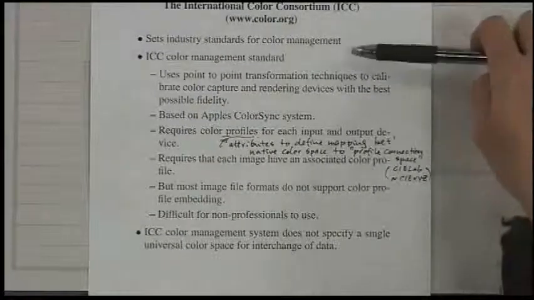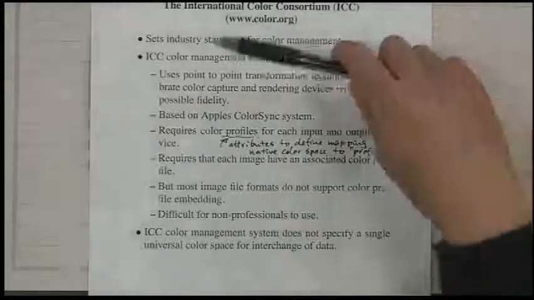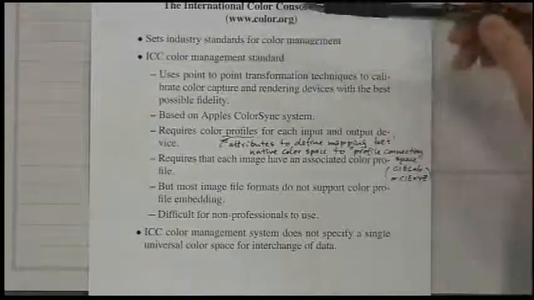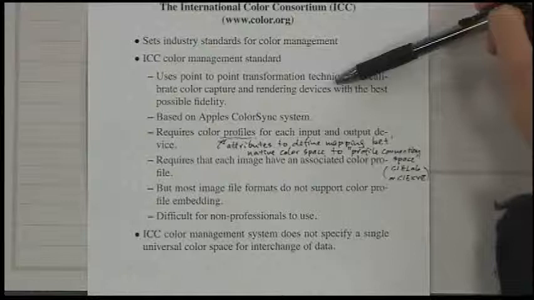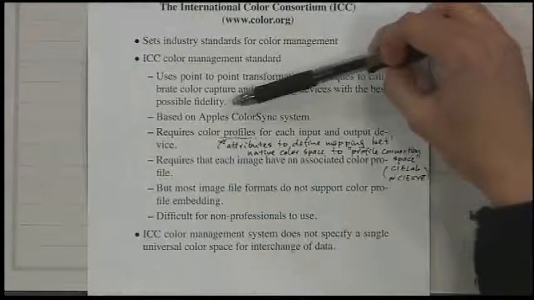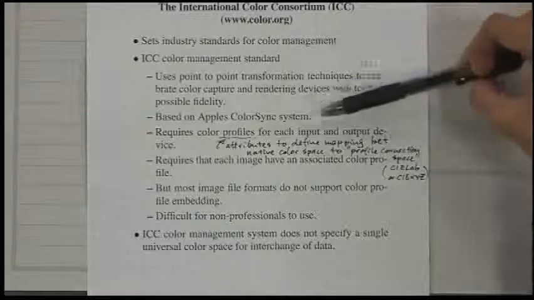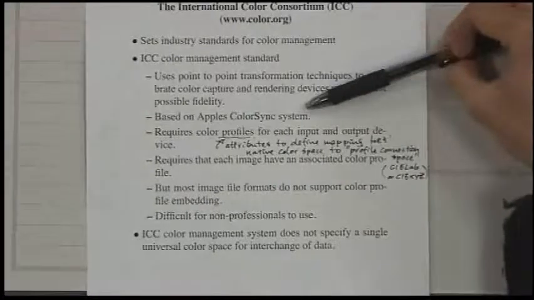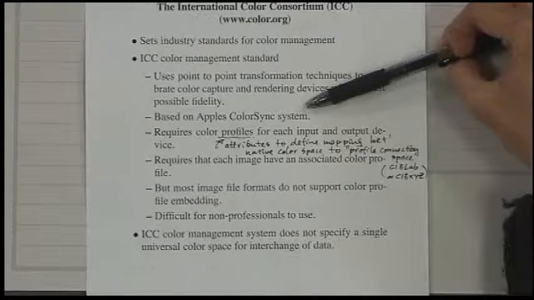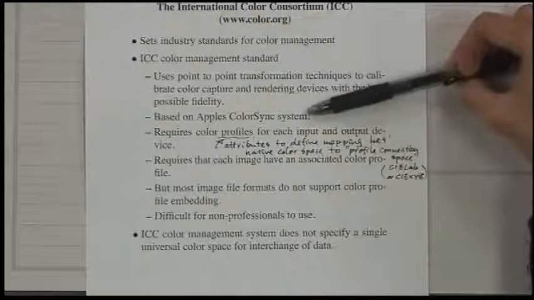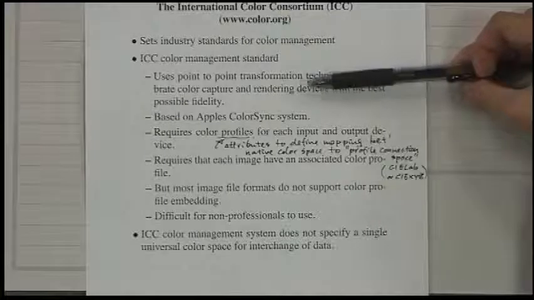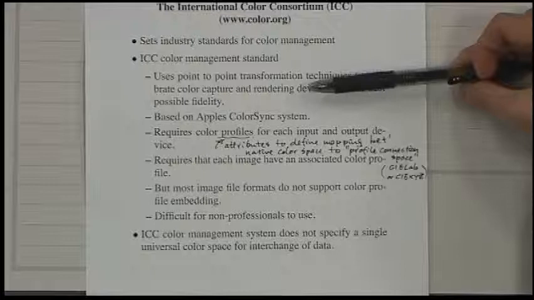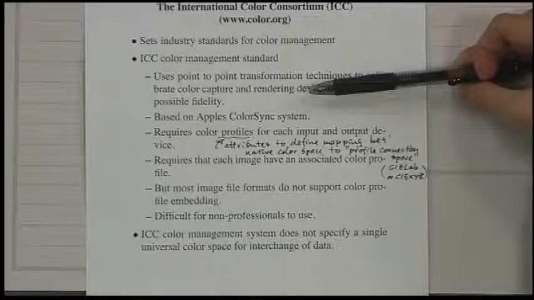So in your notes, you mentioned that the ICC color management standard will use point-to-point transformation techniques to calibrate color capture and rendering devices with the best possible fidelity. The standard is based on the Apple ColorSync system, which is another color management system defined by Apple. Just before the class I talked with Mark, but is ColorSync actually the basis of the ICC standard, or the other way around?